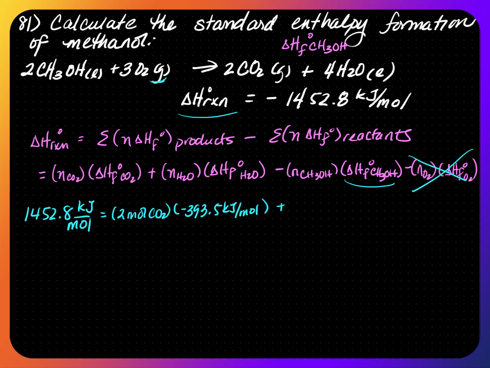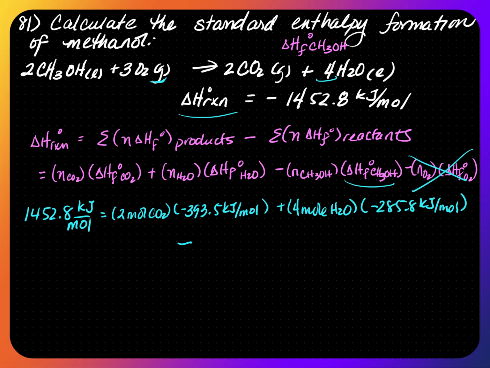We have water. The moles of water is 4 because the coefficient is 4. So this is 4 moles of H2O times the delta HF naught of water, which is negative 285.8 kilojoules per mole. Make sure you double check the states of matter because the values do change for the different states for every single element or compound.